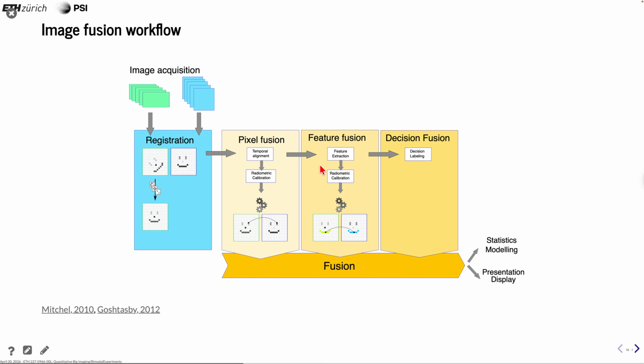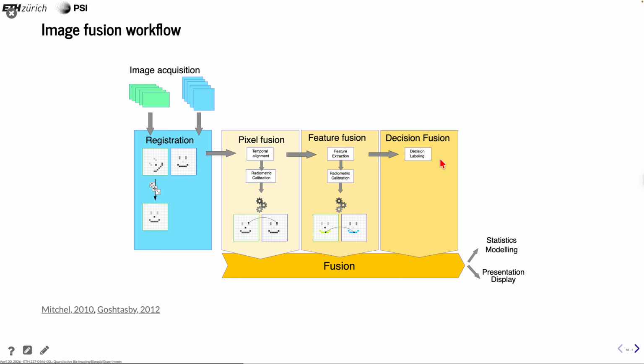When you go to feature fusion, you need to extract the features first. That's the first step, and that also requires that you have already done some kind of temporal alignment. Otherwise, it's very hard to compare the two. Within the features, you can also do some scaling, but that may already be done in a previous step.